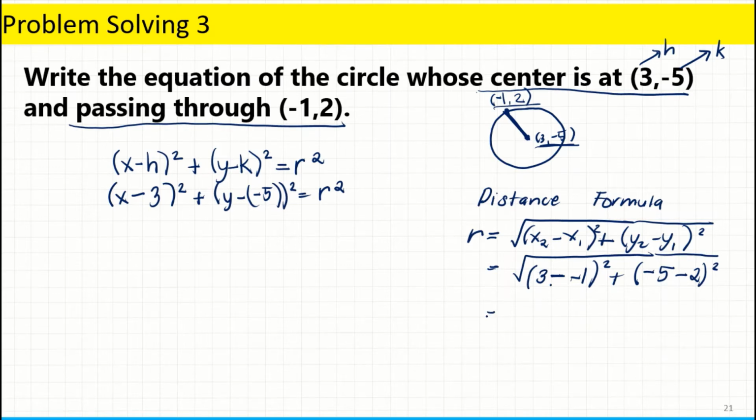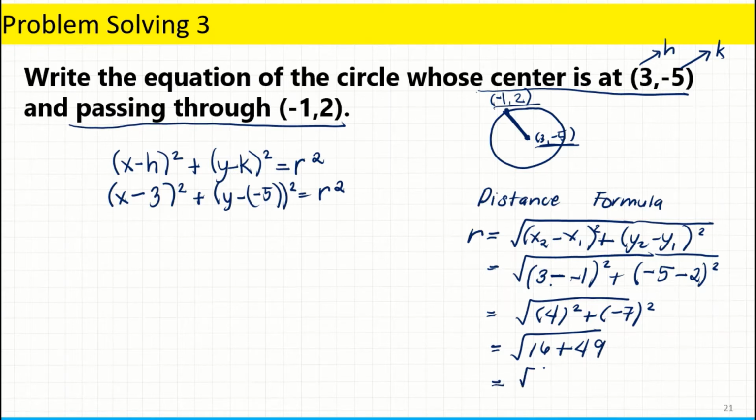Okay, and then it is equal to the square root of 3 minus negative 1 squared ay magiging 4 squared. Okay, plus, okay, same signs tayo, negative 5 minus 2, so we will have negative 7 squared. So, it is equal to square root of 4 squared equals 16 plus negative 7 times negative 7 equals positive 49. So, it is equal to the square root of 16 plus 49 is equal to square root of 65.